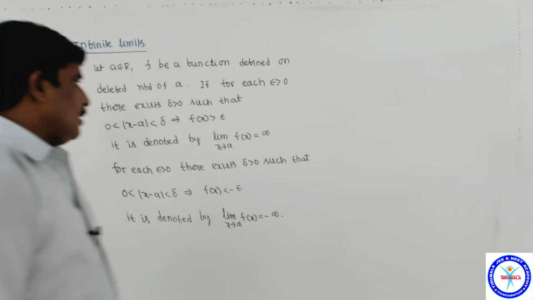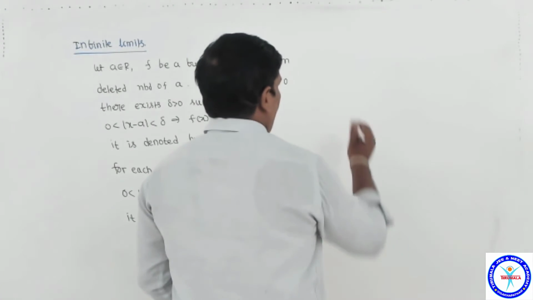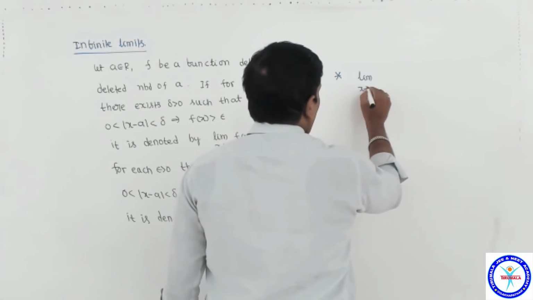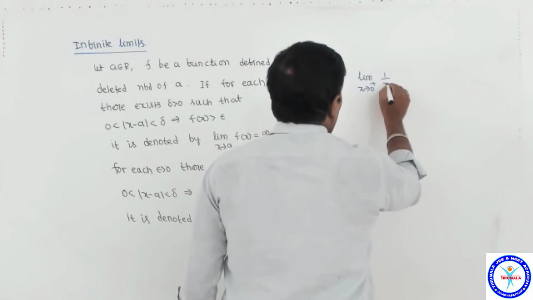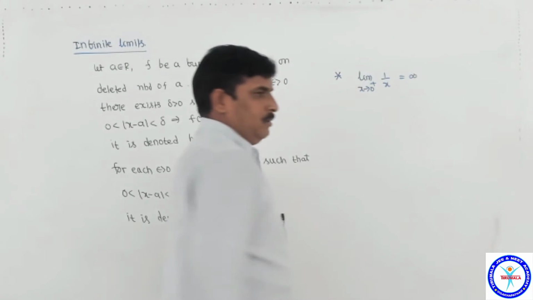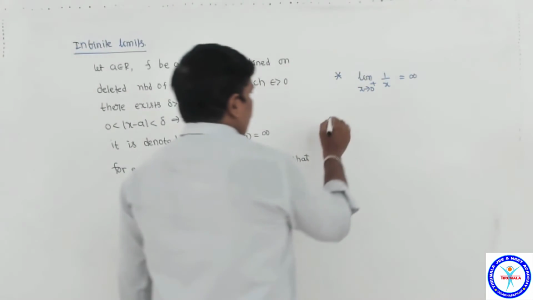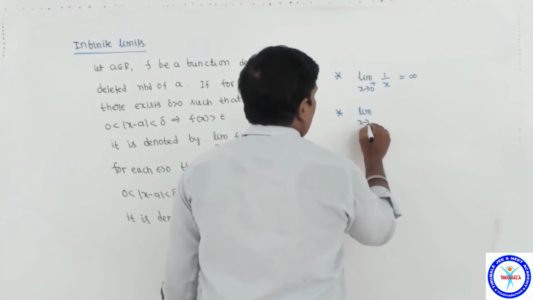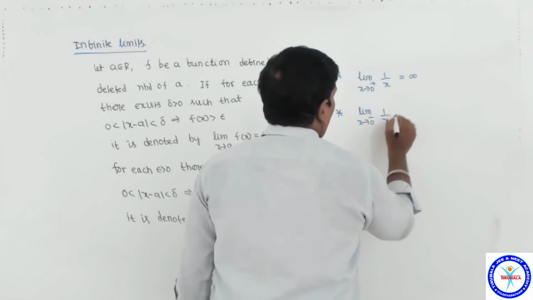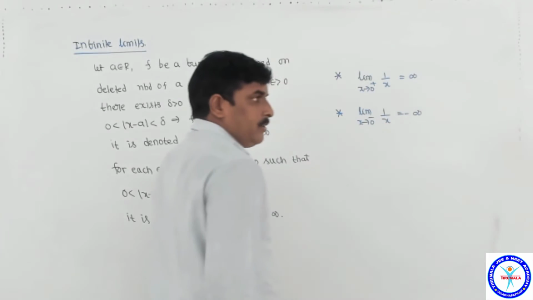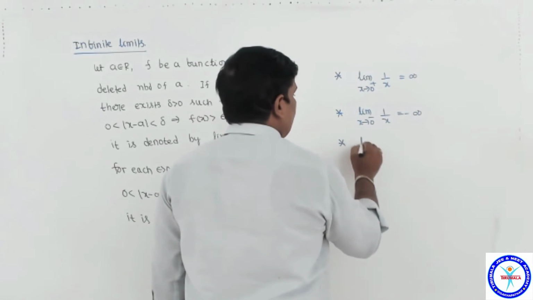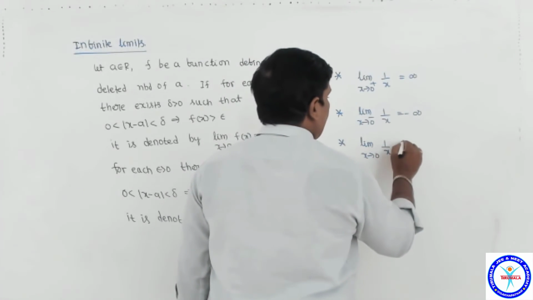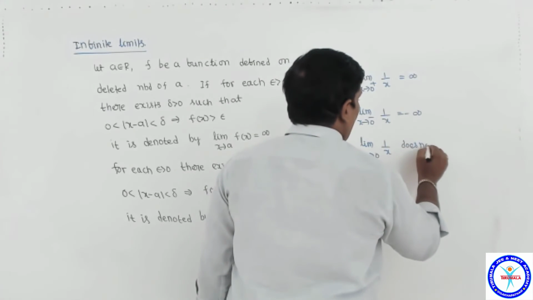Okay, students. So I want to give some examples. Limit x tends to 0 plus 1 by x equal to plus infinity, and limit x tends to 0 minus 1 by x equal to minus infinity, and limit x tends to 0 of 1 by x does not exist.